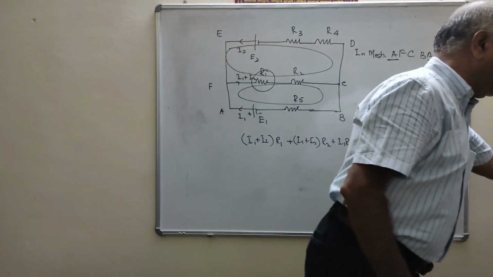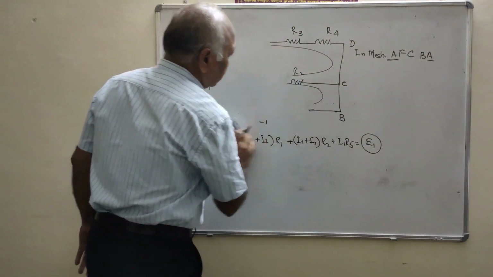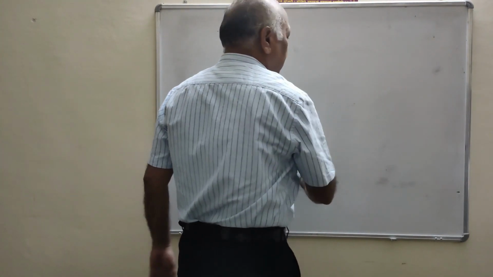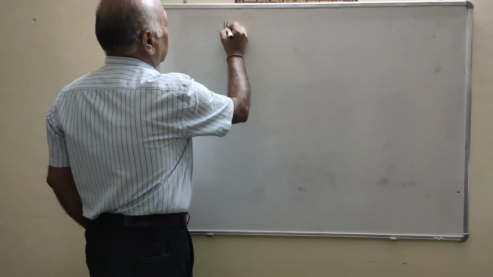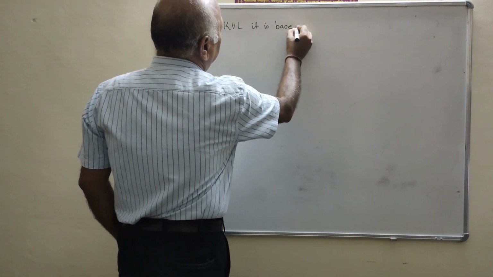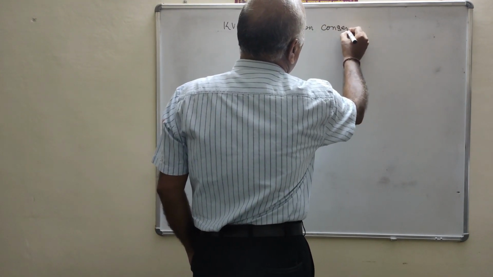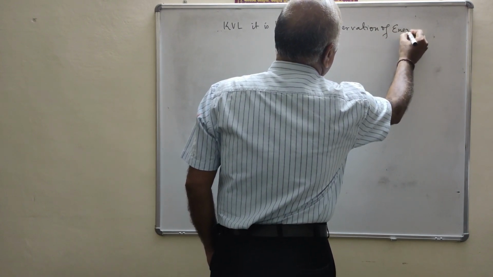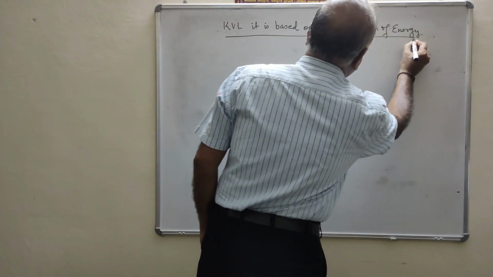Now you will see, as the Kirchhoff current law is based on the conservation of charge, similarly the KVL is based on conservation of energy. It can be explained with a small circuit.